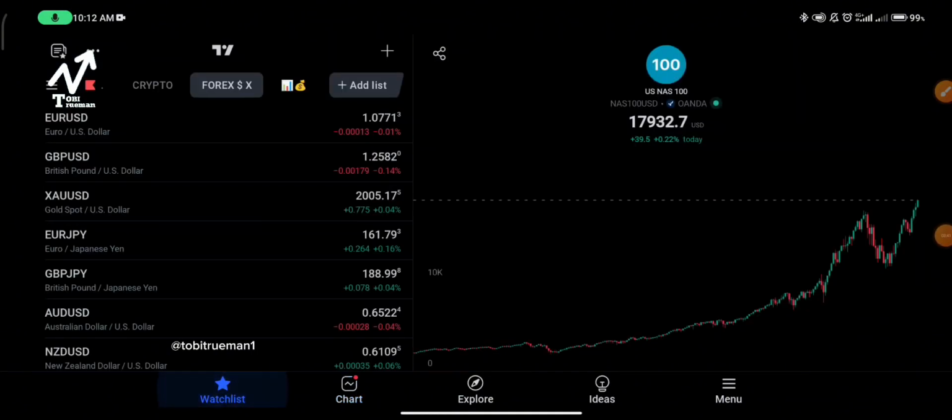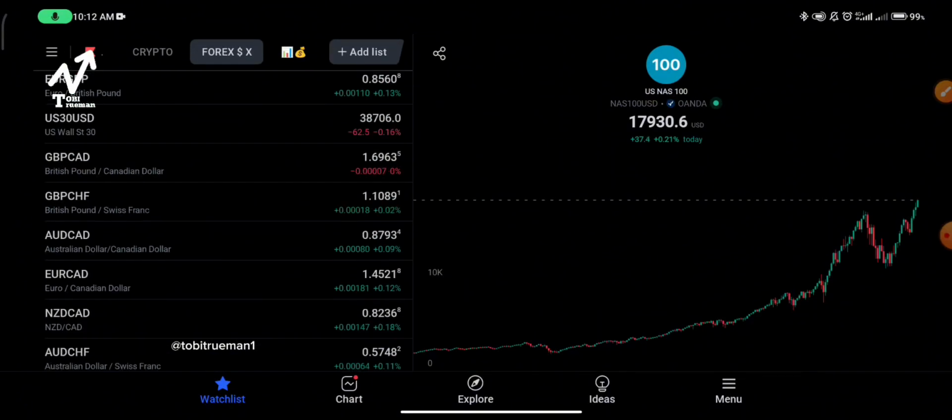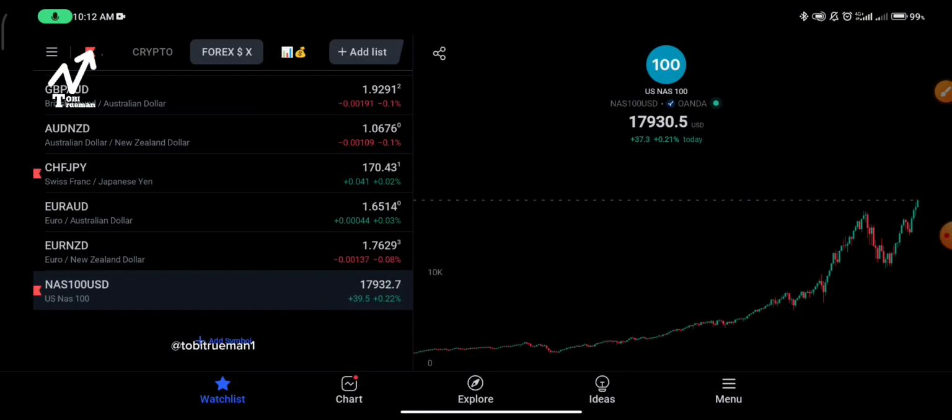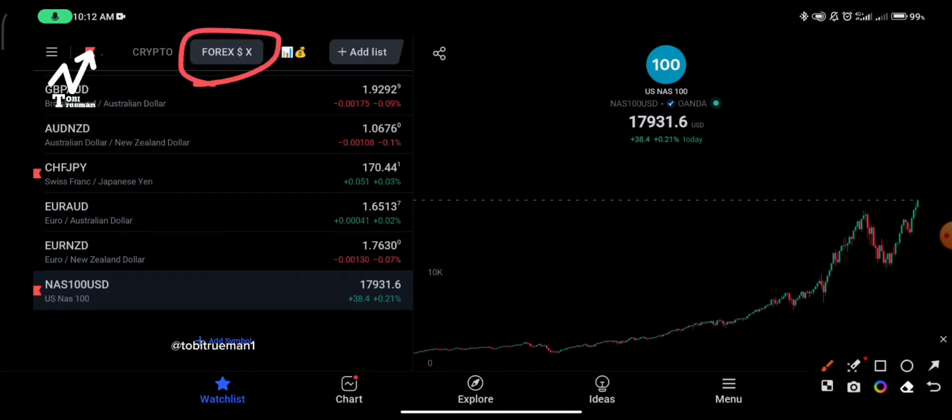On free TradingView, you can only put in a maximum of 30 pairs. You can see all the pairs here, everything is just 30. All the pairs are put in this forex list, and it is just 30 pairs. The maximum is 30 pairs.